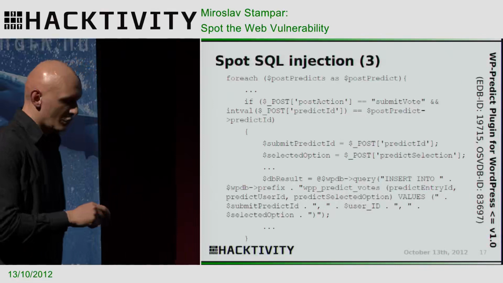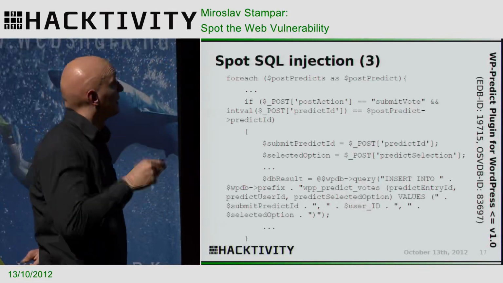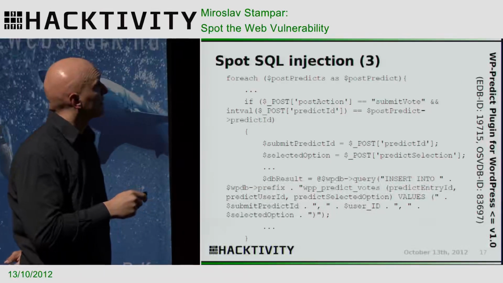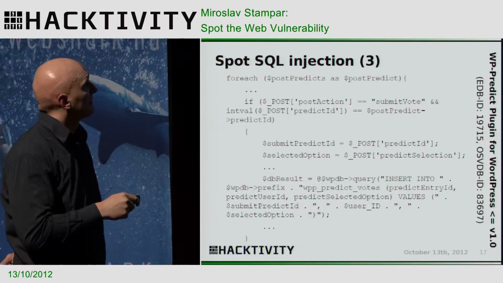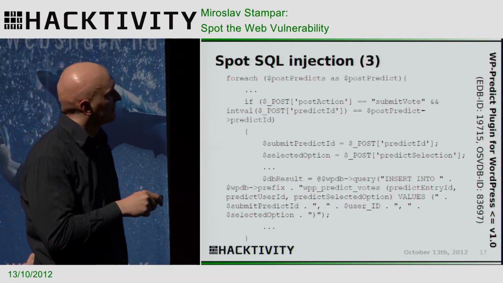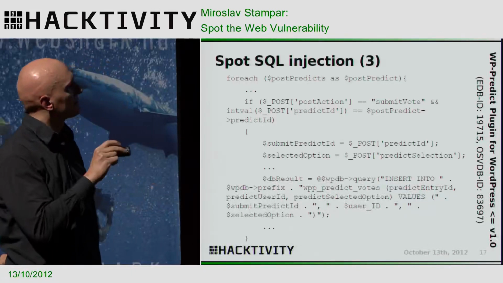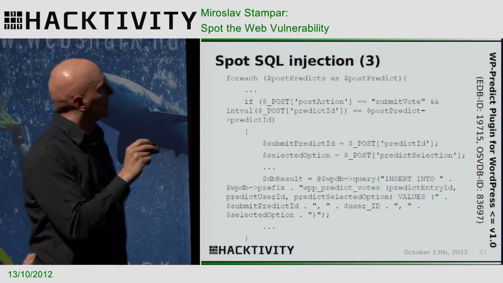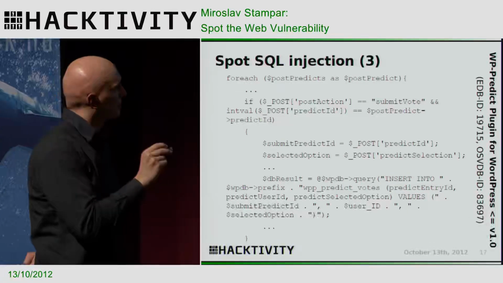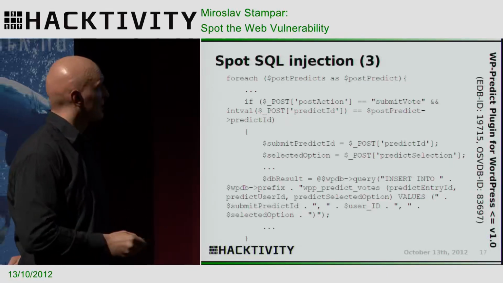So to exploit this vulnerability, you just have to put some dummy value in the predict ID POST parameter value, and use some enclosure of this insert inside of this option, and put some, I don't know if it's SQL Server or Postgres, they have stacked queries. You could just continue on with another SQL statement.